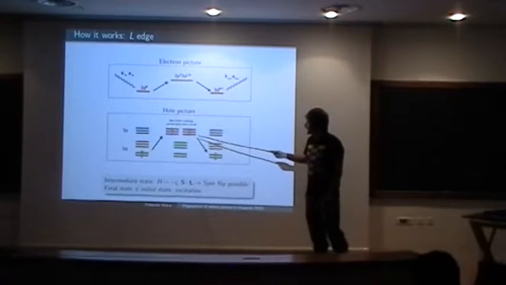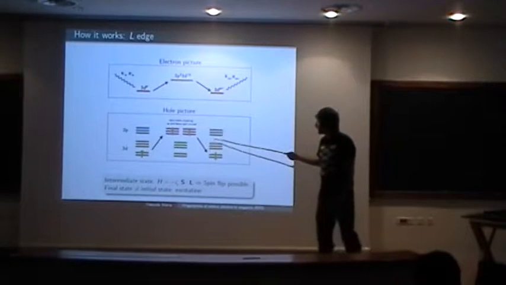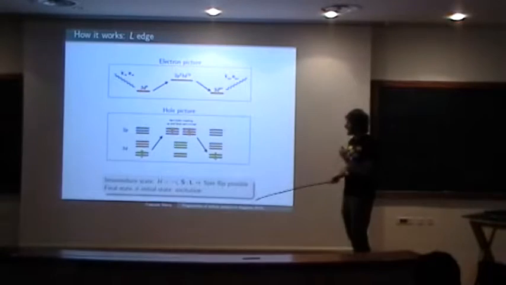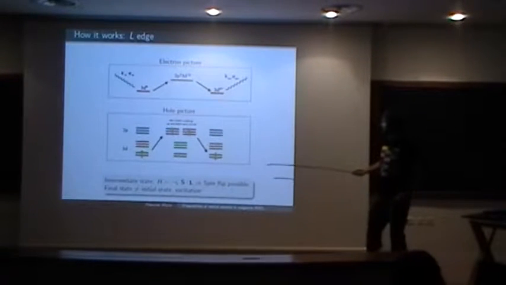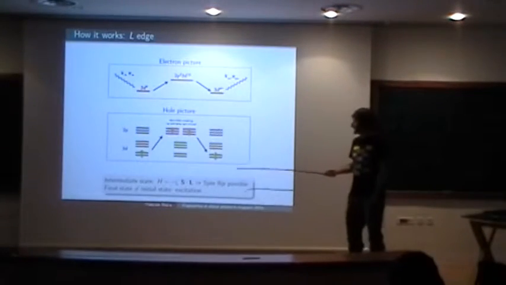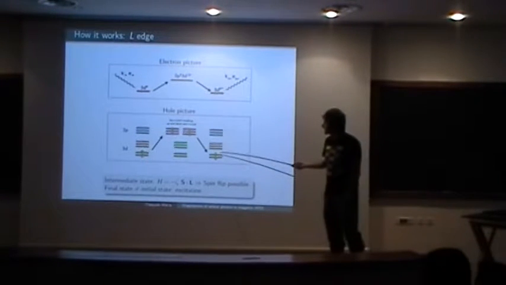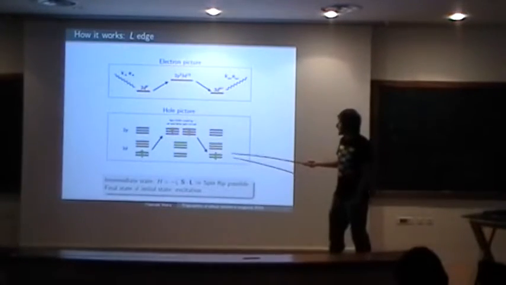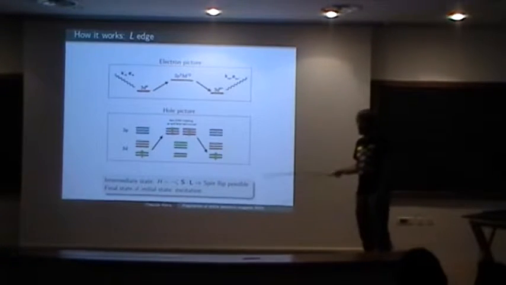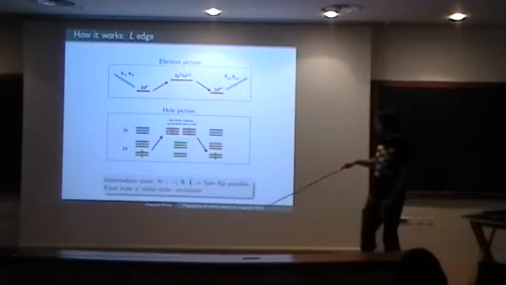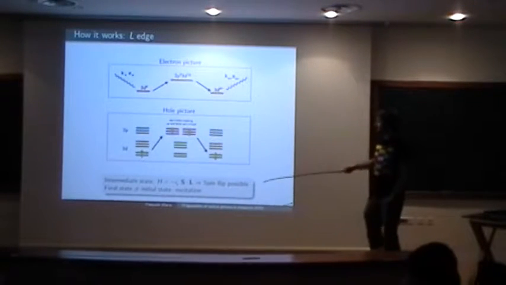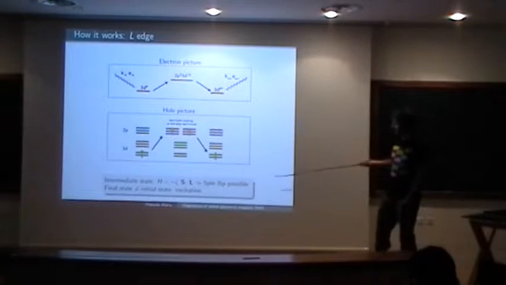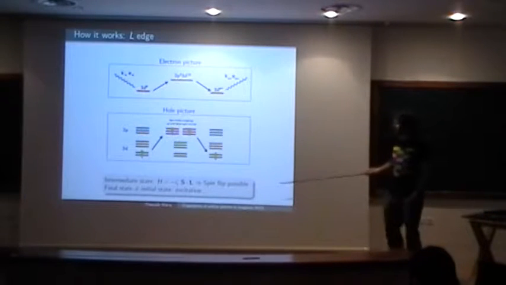Then the hole scatters back to the d shell, and in general the final state is different from the initial state. So as far as spin and angular momentum are concerned, we can end up in a different orbital or in the same orbital but with a spin flipped. This is the way that we can probe the dd excitation or magnetic excitation.